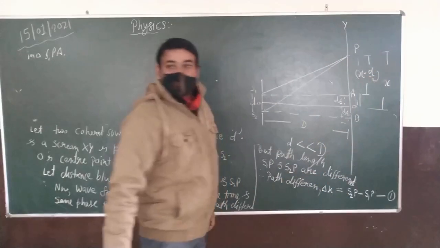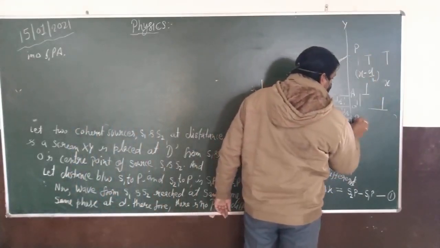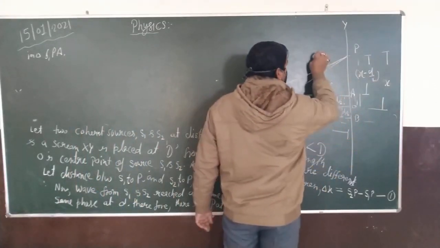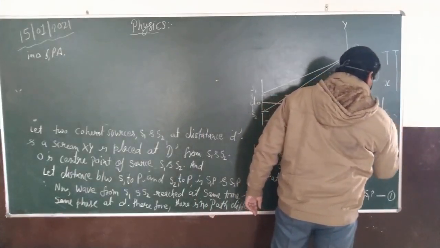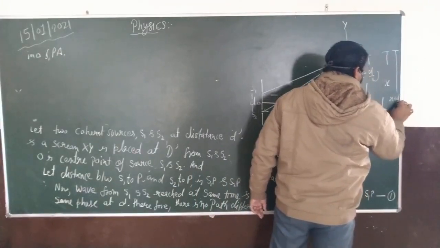Clear? And the distance from P to B is x plus d by 2. Clear?